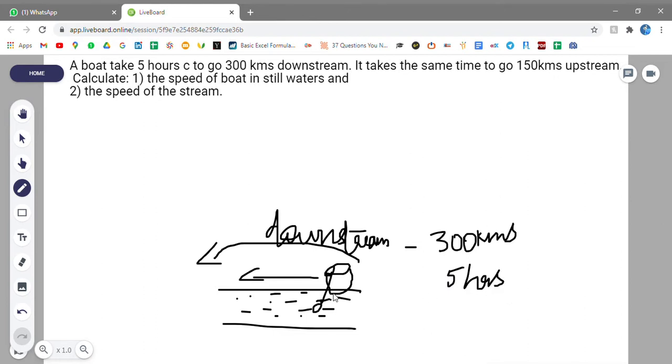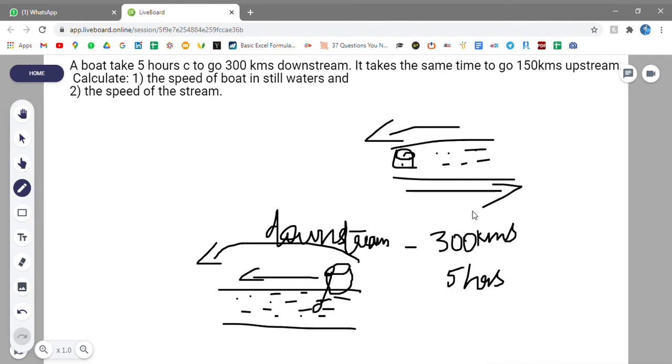But on the contrary, for the same water body, if the water is flowing this side, but the boat is trying to go on the opposite side, against the water, then this is called upstream. Anything against will take a lot of effort and time.